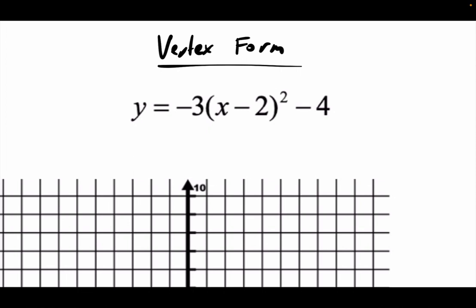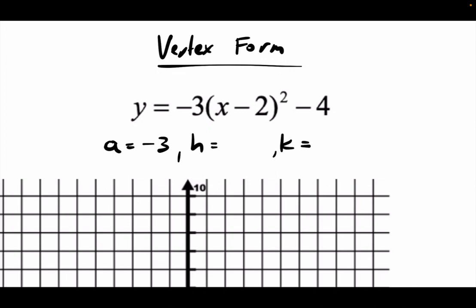Okay, so it's got an A, an H, and a K. A, H, K. So what is A going to be for this guy? -3, good. So from that guy, is it going to be arrows up or arrows down when we're done?